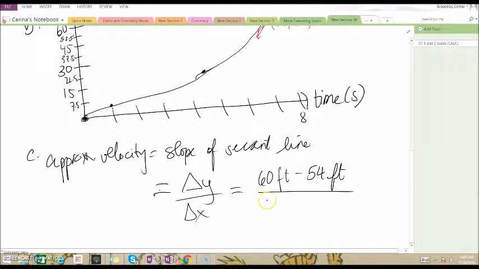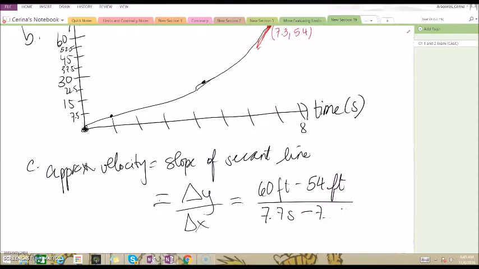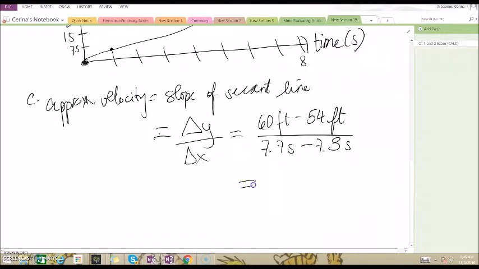And your change in time is 7.7 seconds minus 7.3 seconds. If you plug that into your calculator, you should have gotten about essentially 15 feet per second.